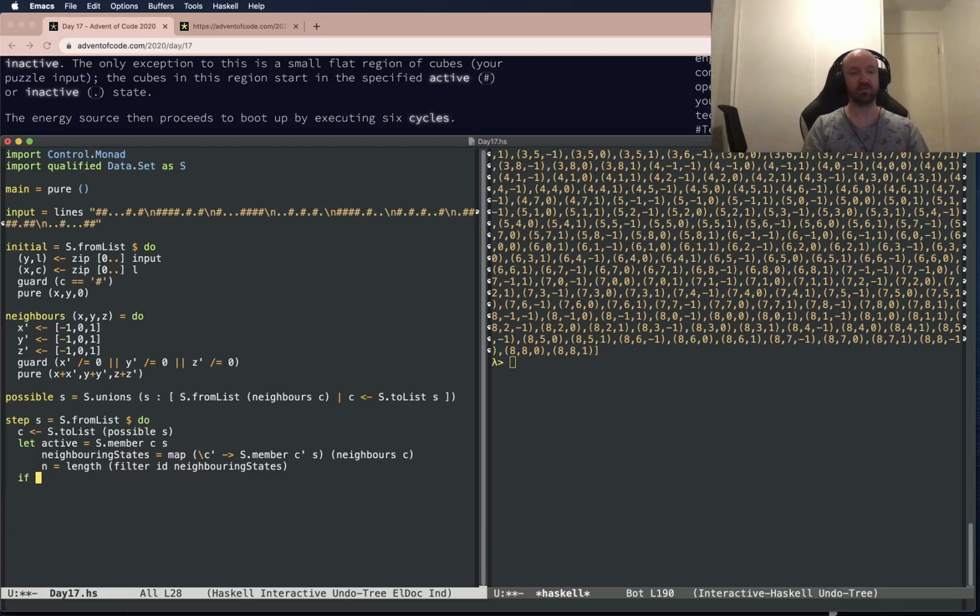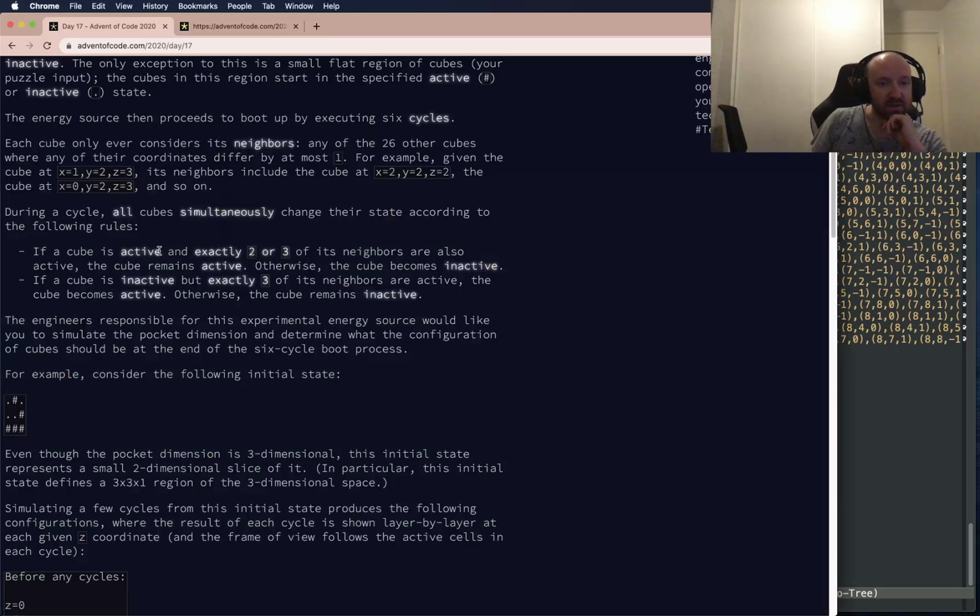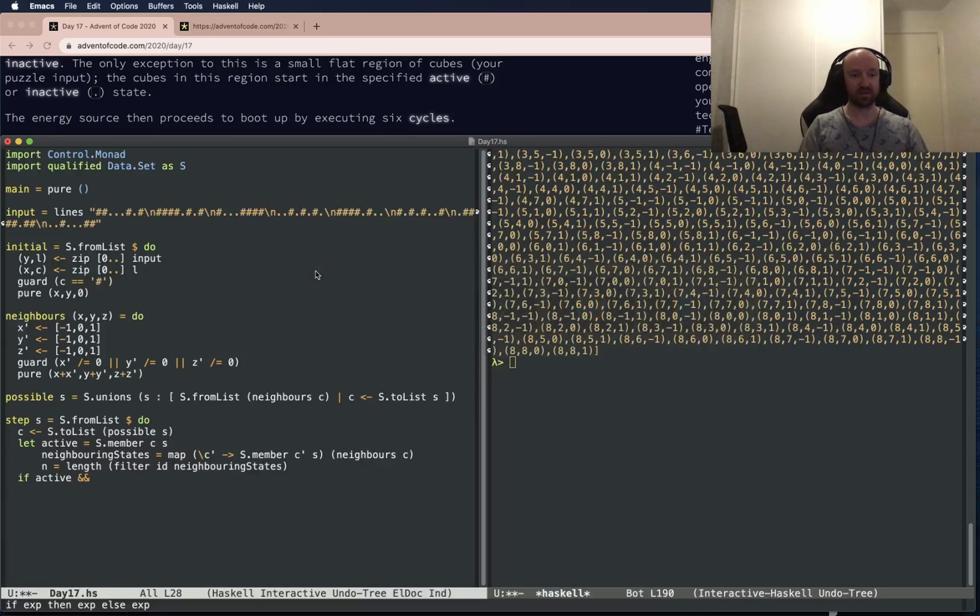And then we just say if active, what are the rules again? If it's active and 2 or 3, or if it's inactive and exactly 3. So if active, then N equals 2, or N equals 3, or N equals 3.